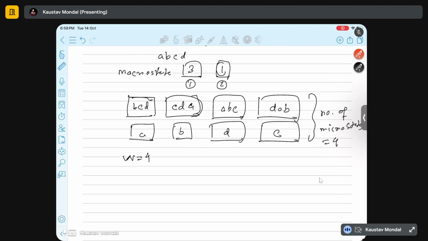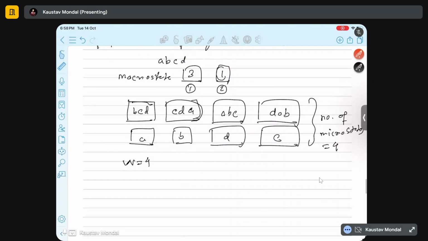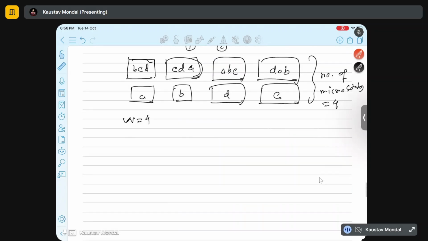Now for the Bose-Einstein statistics, or the BE statistics, we know the particles are basically indistinguishable. So you cannot distinguish between these two particles, unlike the case of Maxwell-Boltzmann distribution, where each particle is distinguishable. Here you cannot distinguish.